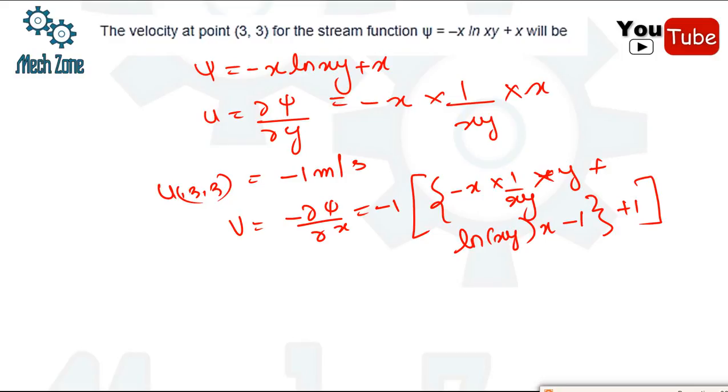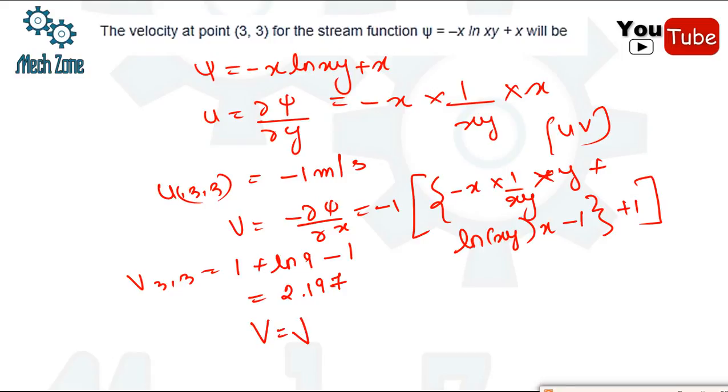Okay, so v at the point, we simply have to differentiate by using the uv rule. So v at the point (3, 3) is nothing but 1 + ln 9 − 1, this is 2.197, and we know that the velocity magnitude V would be the square root of u² + v². So the final answer that we obtain is 2.41 meters per second. So this is the answer.